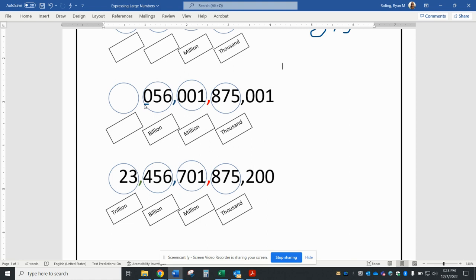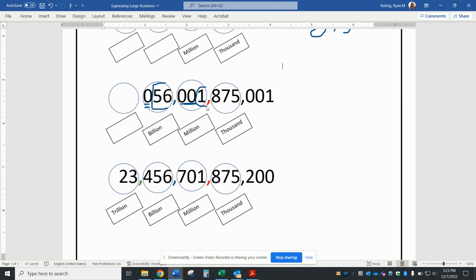After millions comes the billions place. Notice here I have a 0, so I don't have to say hundred. The numbers before the comma are now 56. And here I have zeros, so I don't have to say those. I just say the number. Okay?